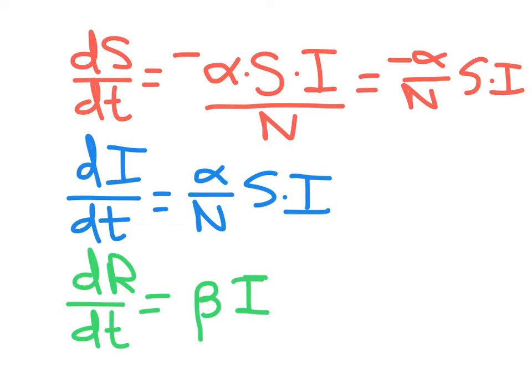Notice we are decreasing the number of susceptible people by that much, which means we're also going to be increasing, it's a positive value for the derivative here, the number of infected people by the same amount.